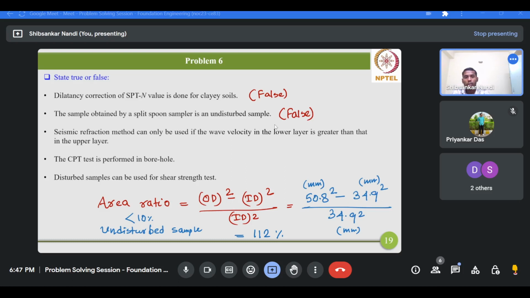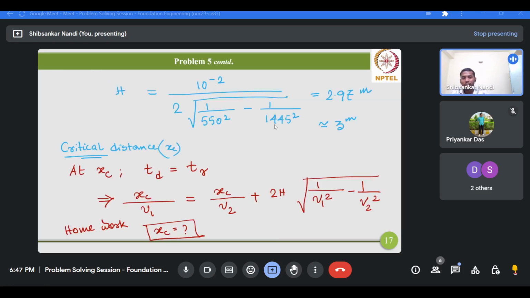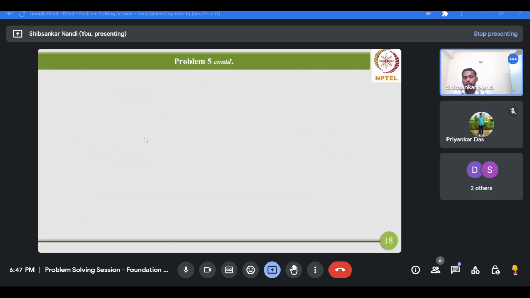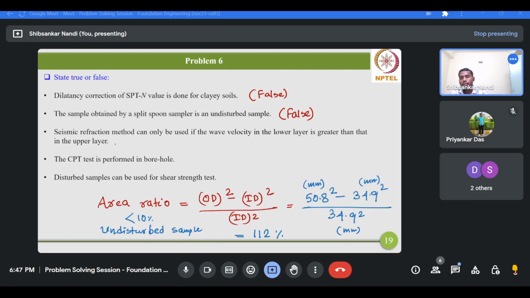If you don't feel comfortable with the microphone, you can use the chat box also. This is the condition we already discussed: for this test V2 should be greater than V1. The lower layer velocity should be greater than the upper layer velocity for the feasibility of a seismic refraction test. So obviously this statement is true.